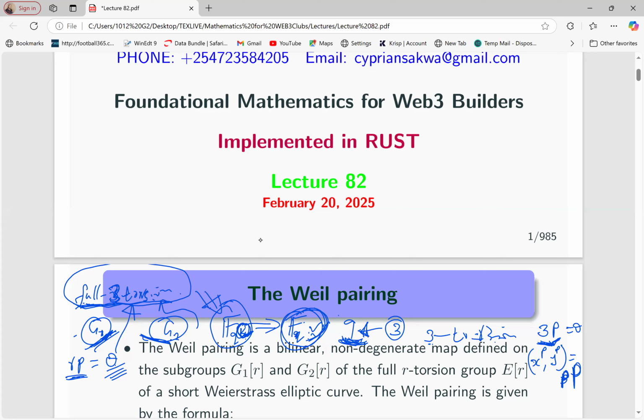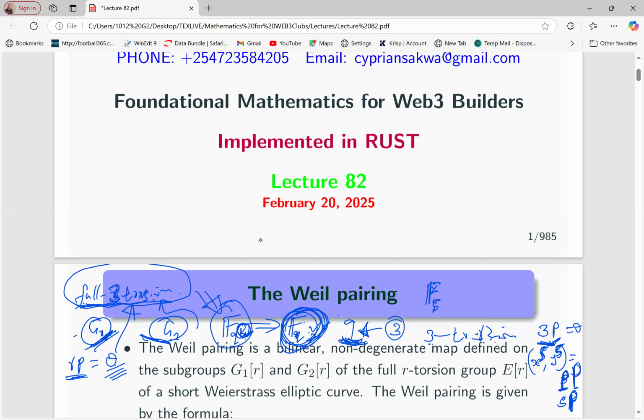The first p is the characteristic of the field. Supposing it's F5, this first p is 5. And that one is the point. So we would then be talking of X raised to 5, then Y raised to 5, which should be the same as the point multiplied by p.